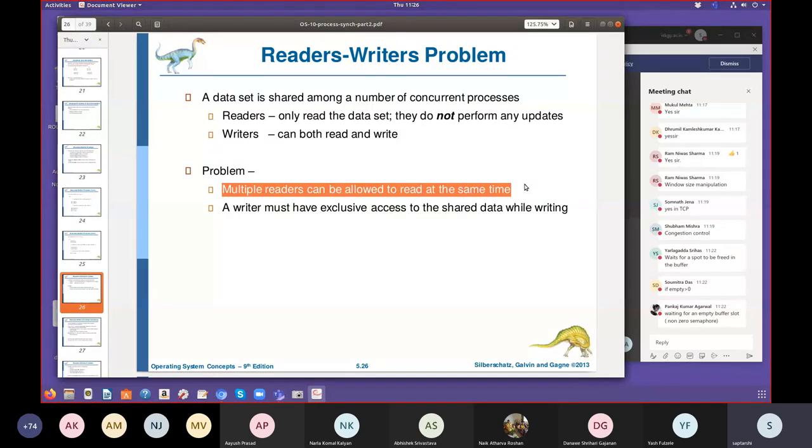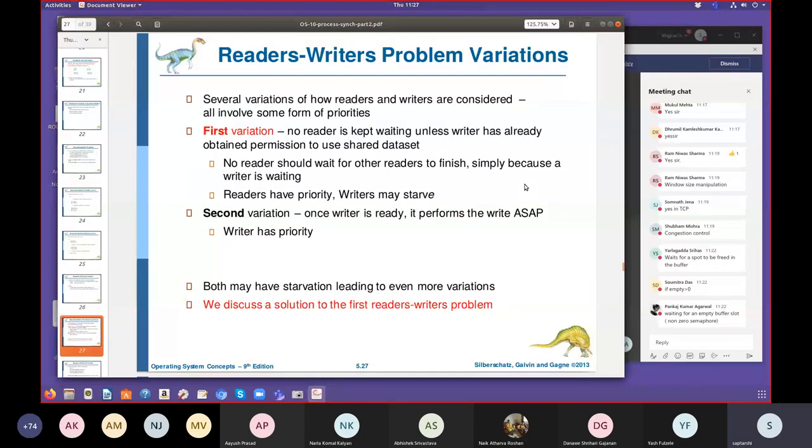Also, remember there are multiple writers. So when one writer is writing, other writers also should not be allowed to write anything. Conceptually, this is a more complicated version of the producer-consumer problem.